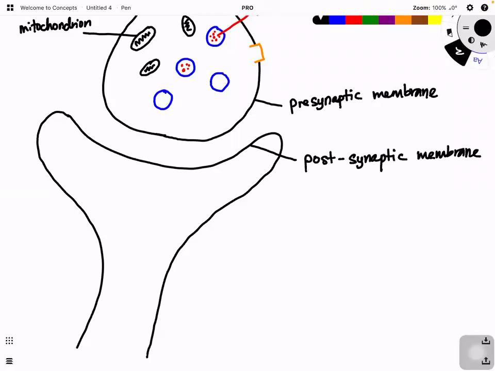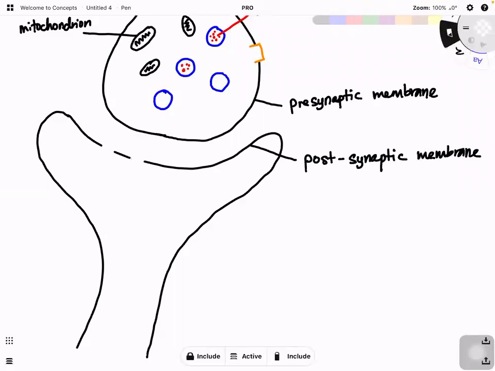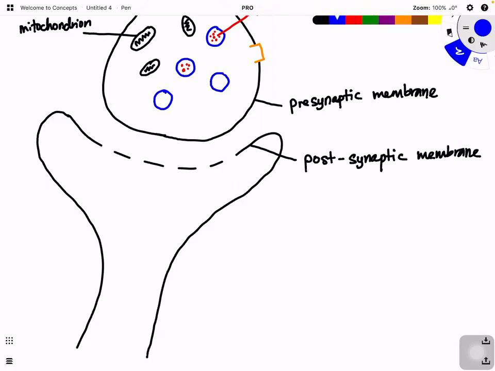On this postsynaptic membrane, very important, there is a sodium ion channel. But this sodium ion channel is special, because it has a receptor. Let me show you what the function of this is.